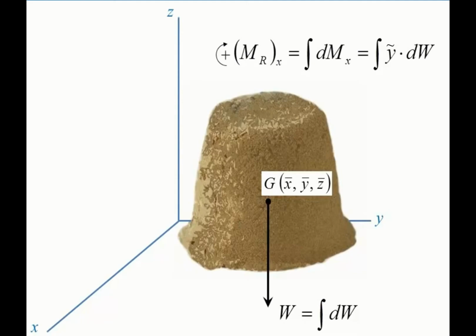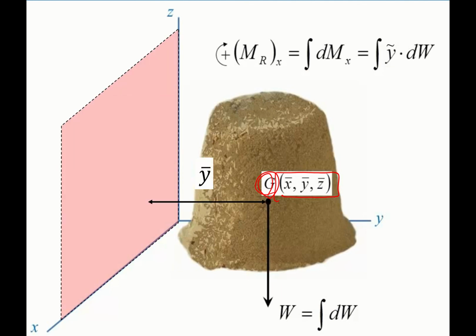So for the center of gravity, let's say this is G. Now you can see this is x bar, not x tilde, x bar, y bar, and z bar. This is the center of gravity. With the same concept, at the center of gravity there is a weight, which is uppercase W. This is the total weight of all this sand.